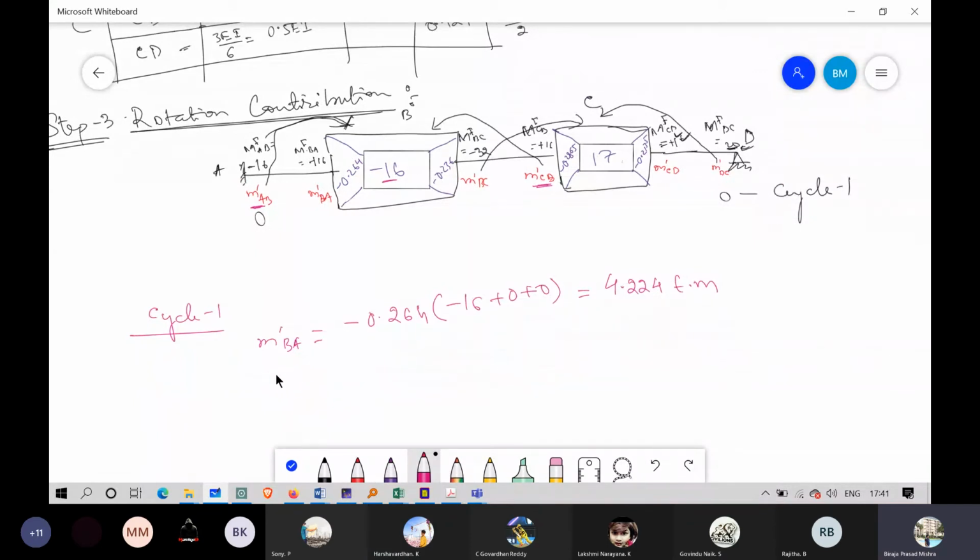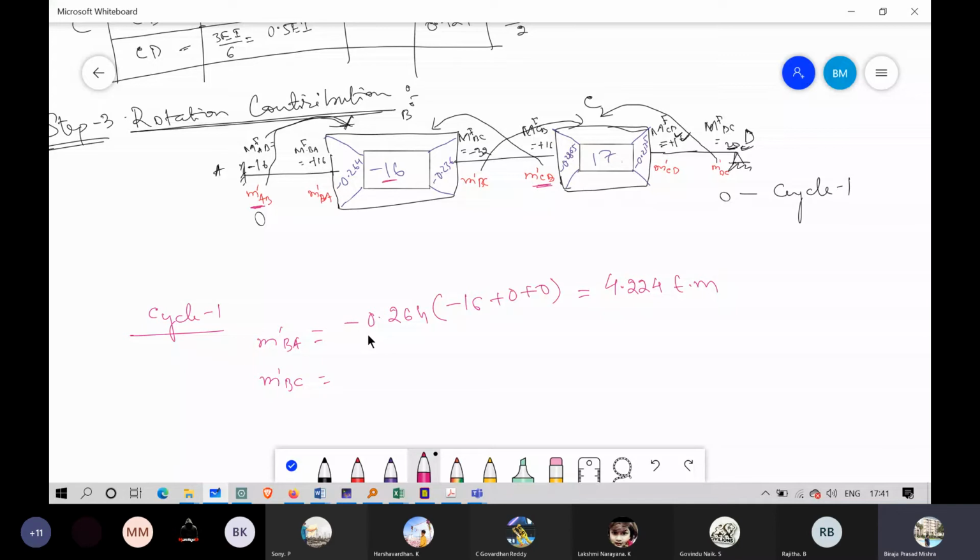Okay. So M dash BC will be, see, whenever we are doing this kind of problem, just remember that for the first BA, you simply take these values and multiply them with the rotation factor of this one.